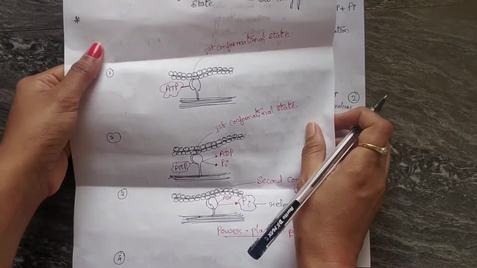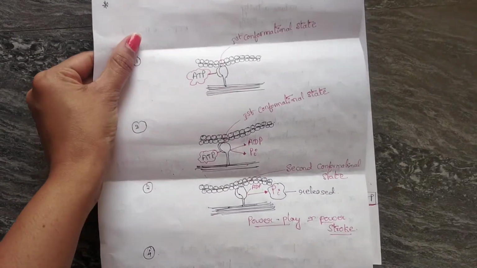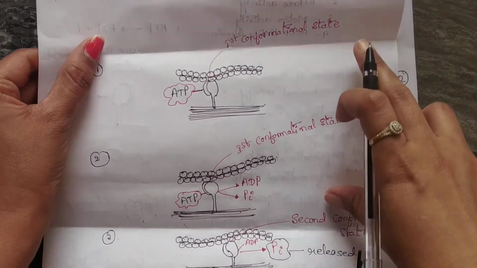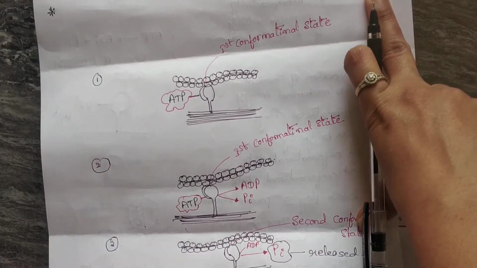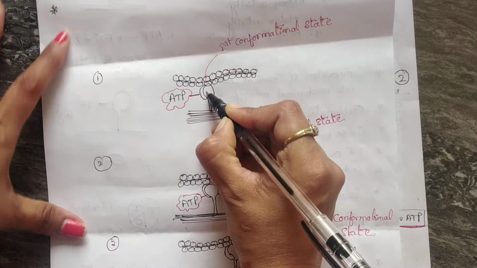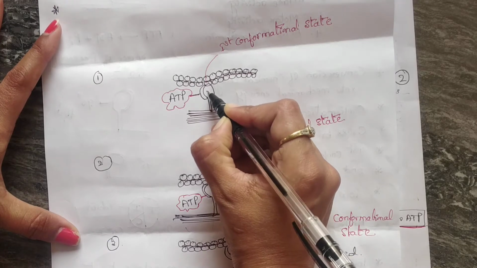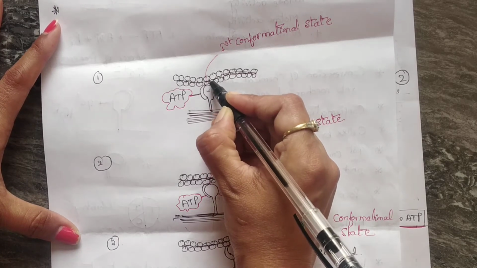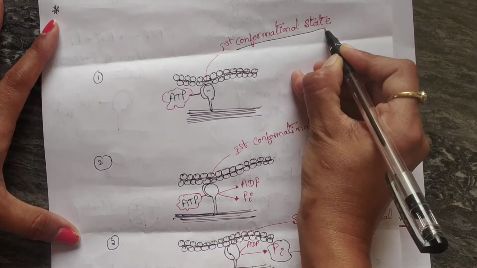At the start point, I hope this diagram is visible. I guess this is clear now. At the start of this cycle, the myosin head binds at a point on the actin filament, which is called the first conformational state.